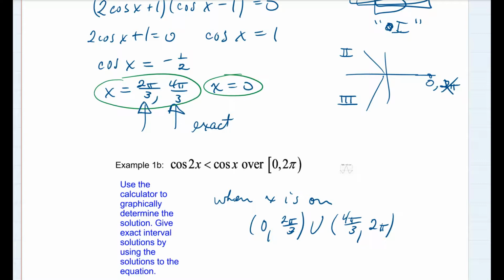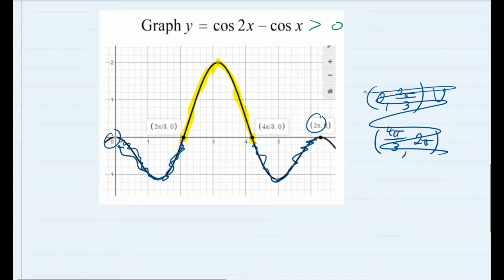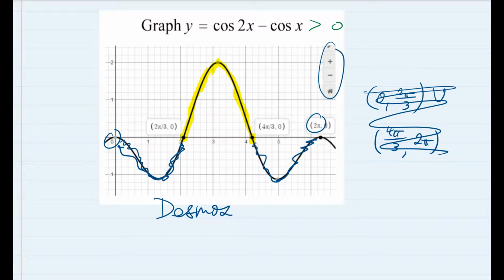These are exact solutions. Most calculators will not give you 2 pi over 3 or 4 pi over 3, but the TI Inspire will and Desmos will. I did this with Desmos. You may recognize the type of graphing screen as well as the controls over here.